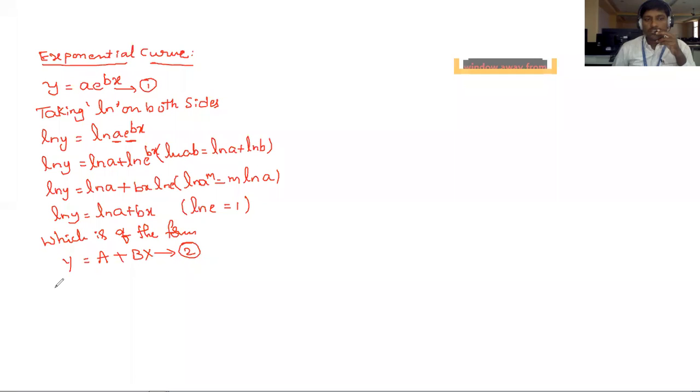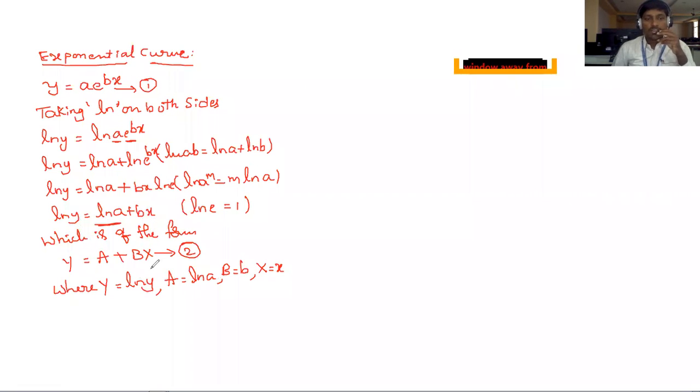Where capital Y is equal to ln y, just compare this: in place of capital Y we have ln y, in place of capital A we have ln a, and in place of capital B we have small b. So capital B is equal to small b, and capital X is equal to small x.